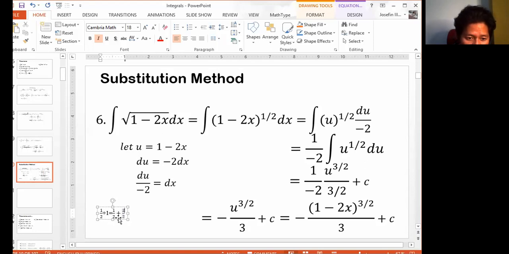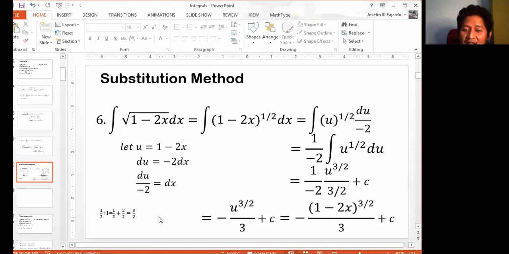O, dahil same na pa rin denominator, i-add na natin yung numerators niya. So, 1 plus 2 ay 3. And then, copy the denominator, kaya 2. Okay? Malinaw po?